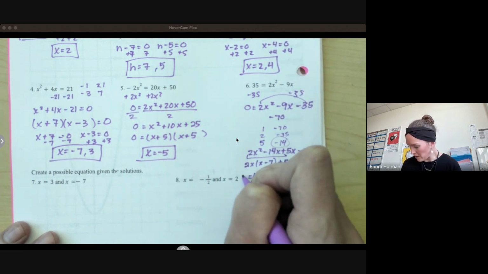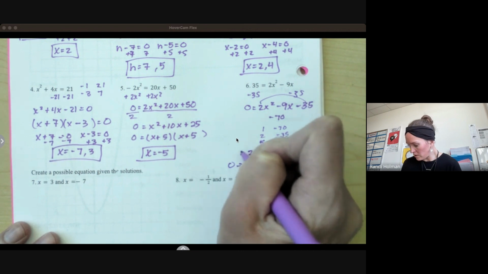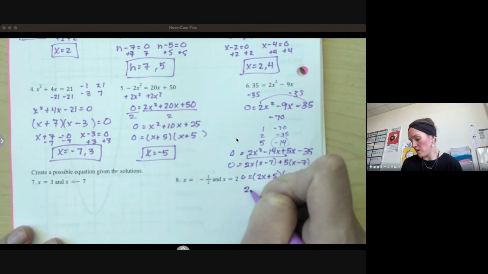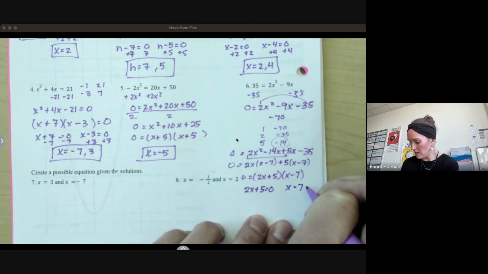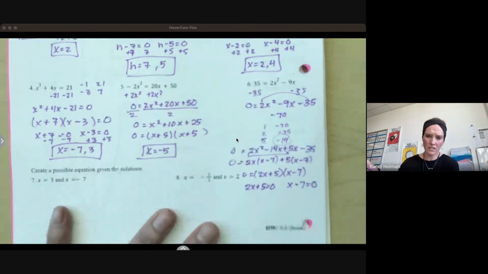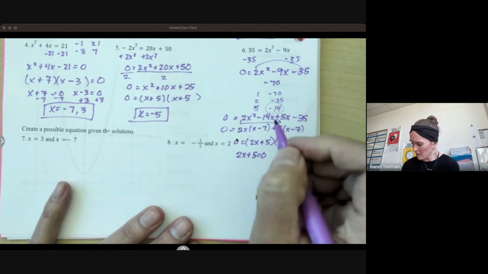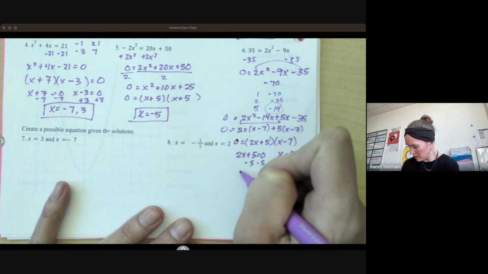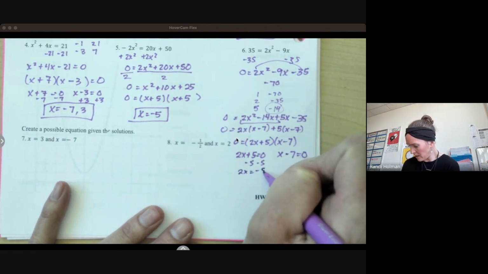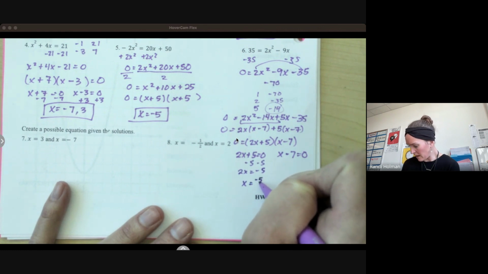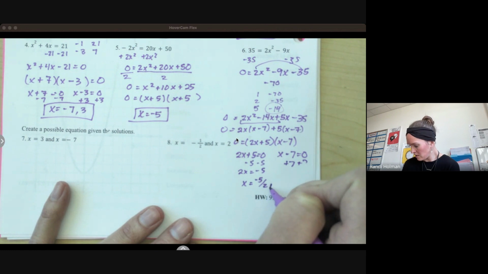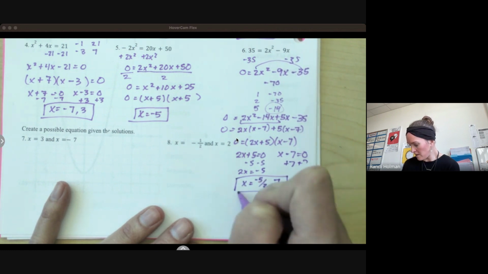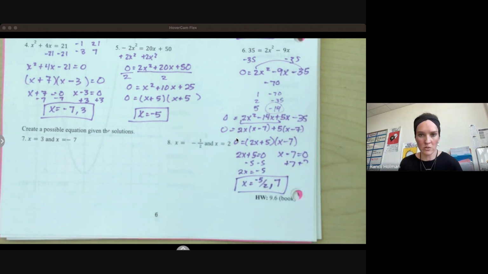Don't forget this whole thing's equal to 0. So either 2x plus 5 is 0 or x minus 7 is 0. All right, and then we're just solving those. This one's a little more work. We'll get 2x equals negative 5, x equals negative 5 halves. And here we just have to add 7. We get negative 5 halves or 7 as our two solutions.